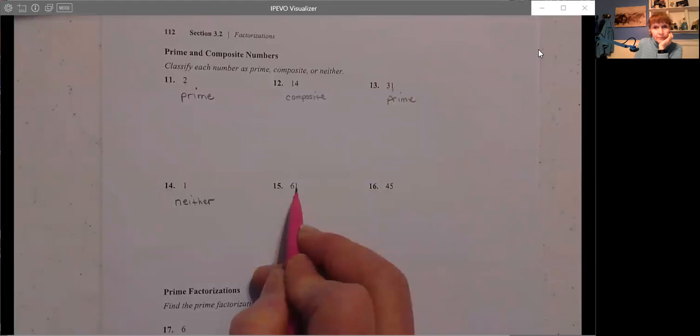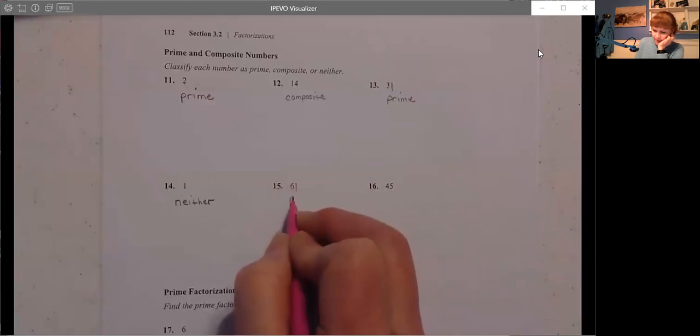Not 2, 3, add them together, you get 7, so no. 4, no. 5, it's not a 0 or a 5, this digit. 6, well, if 2 or 3 don't work, it's not going to be 6. 7, no. 8, no. 9, add them together, no. 10, no.